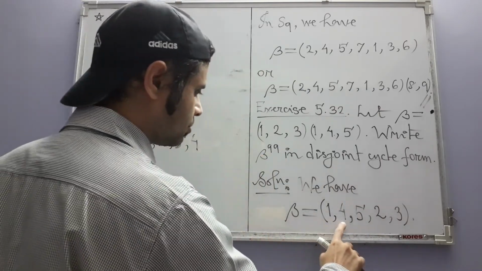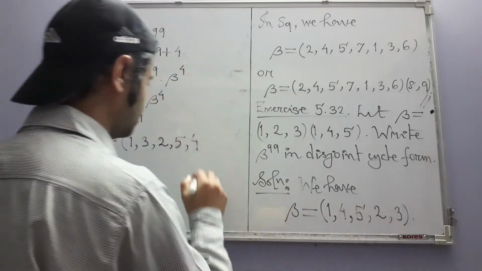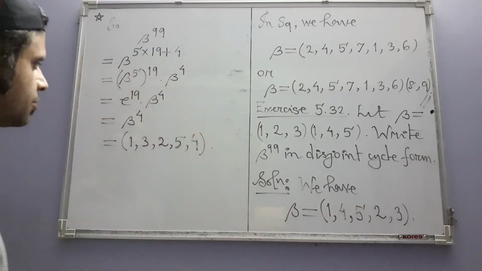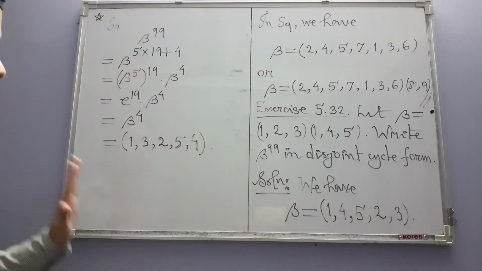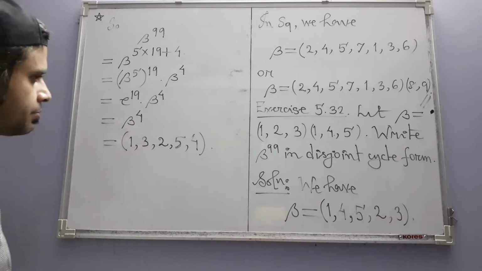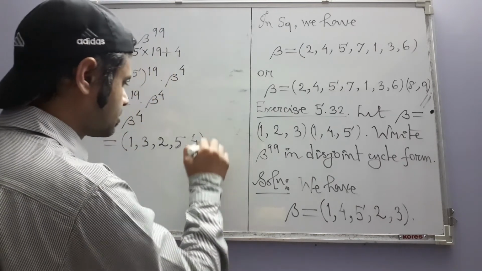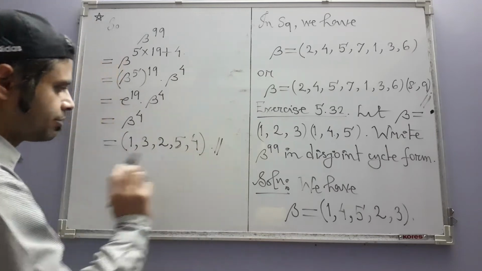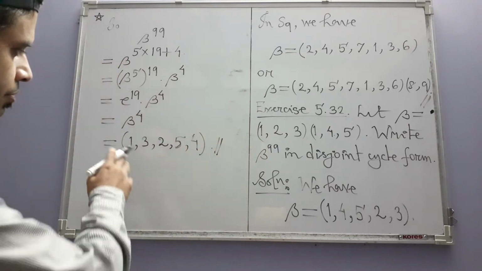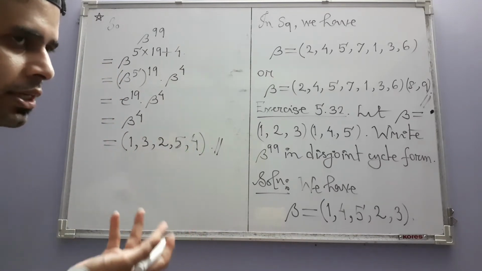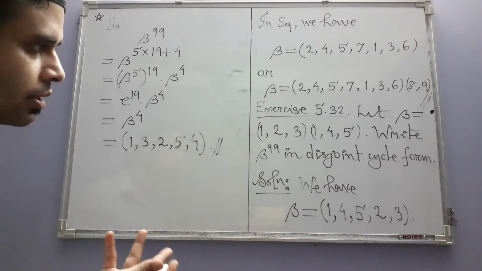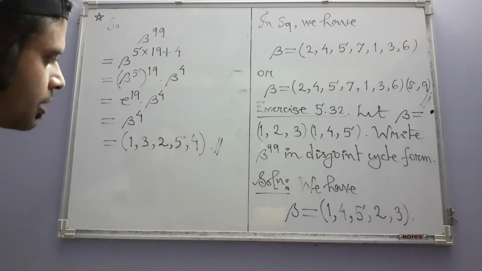And 4 goes to 5, 2, 3, 1. So 4 goes back to 1. So this is your 99th power of beta. Is that it? Yes. And because this itself is a cycle, this is the expression of beta to the power 99 as a product of disjoint cycles. There is only one cycle.